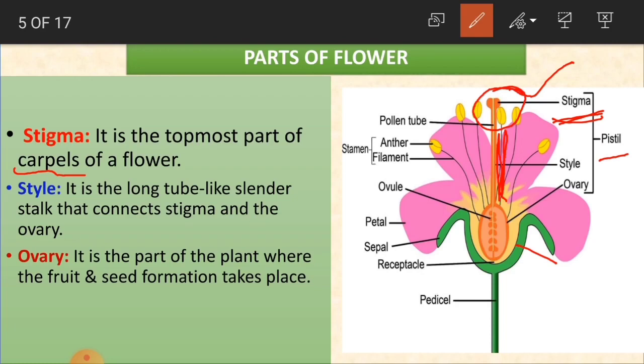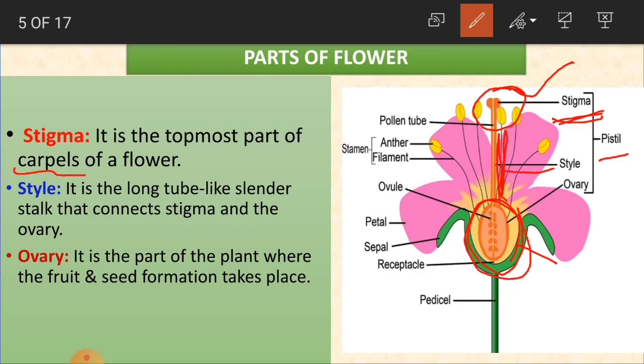This part is known as style. And what is ovary, children? It is the part of the plant where the fruit and seed formation takes place. What is this? Ovary below.